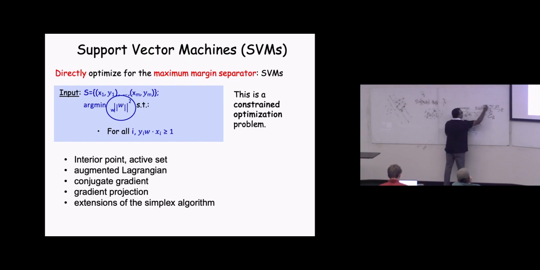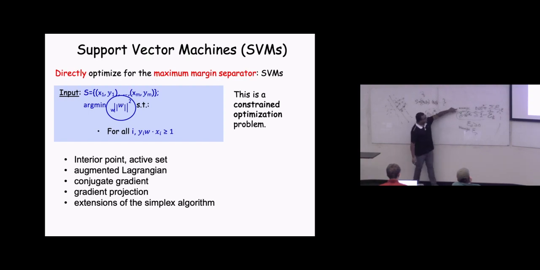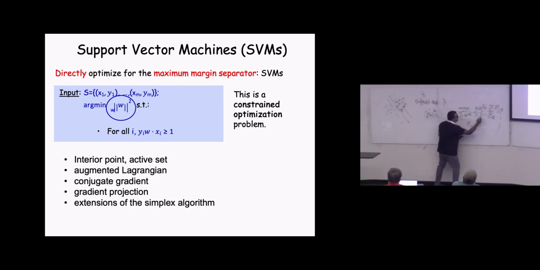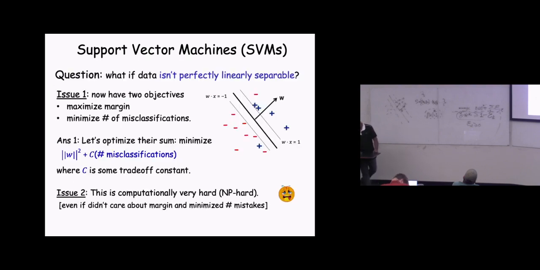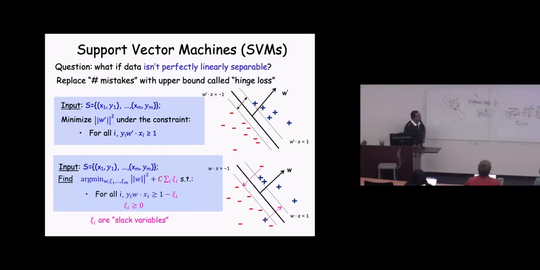We have to minimize the W square, and we have to minimize the slack variables, with the constraint that slack variables are greater than or equal to 0, and the weights we are learning, this W, is actually giving you a separation by 1 minus the slack variable. Okay? So this is what we introduce.